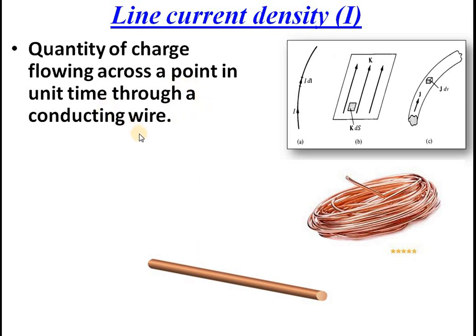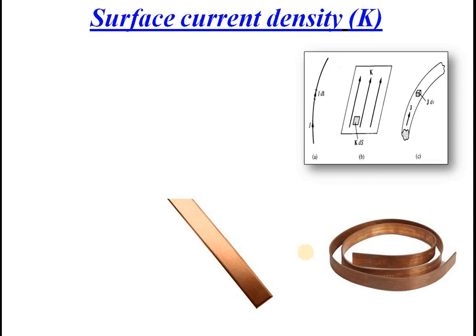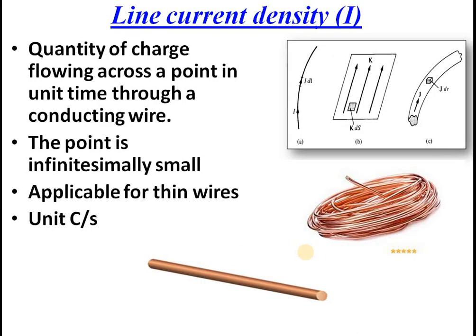We need a point on the wire, and the total amount of charge flowing per unit time is measured. Then that is given in ampere. So if you take a thin wire, then at any point you count the total charge crossing through this point in unit time. It is applicable in wires, and we measure in amperes.